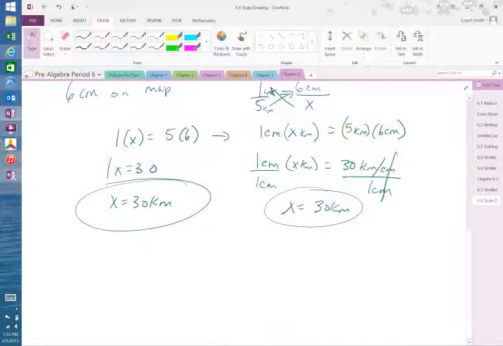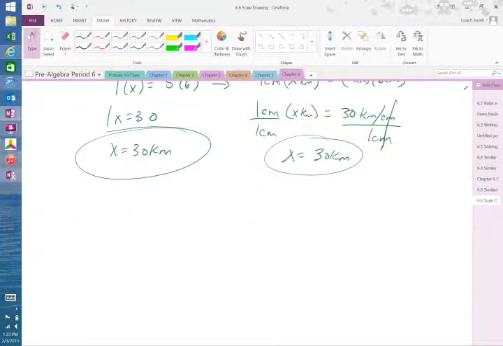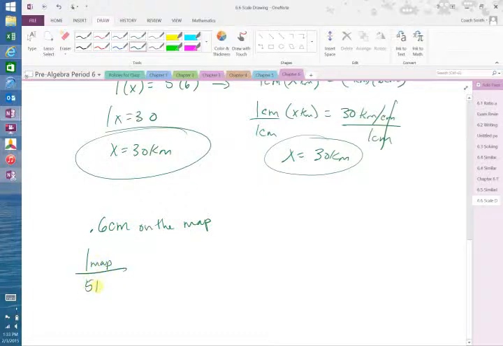Okay, so let's look at one that's not quite as easy. Let's go with 0.6 centimeters. So I have something that's 0.6 centimeters on the map. Well, my ratio is the map over the actual, so I have 0.6 centimeters here, and I have the unknown there.